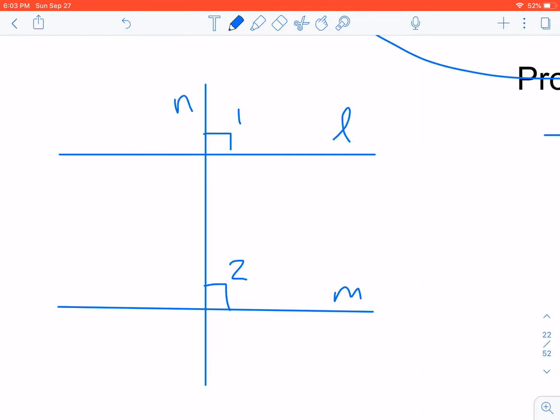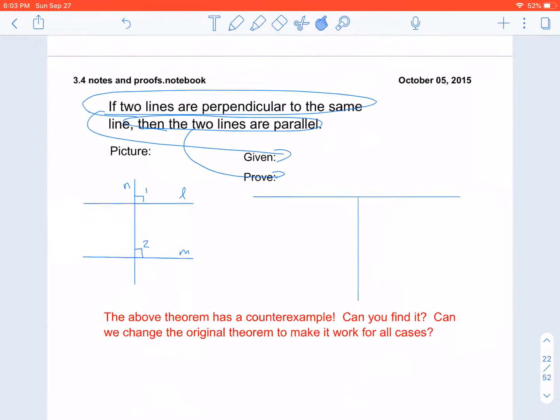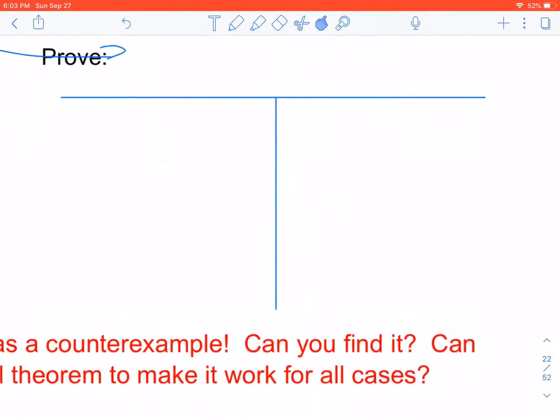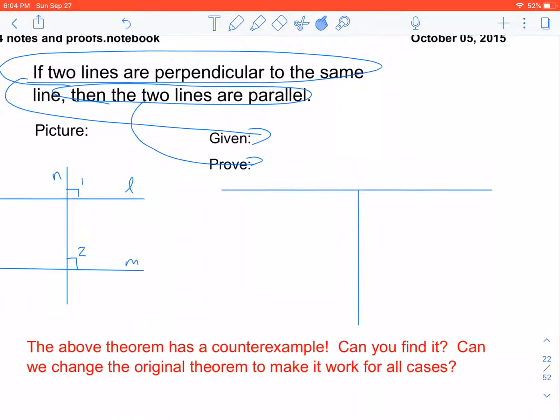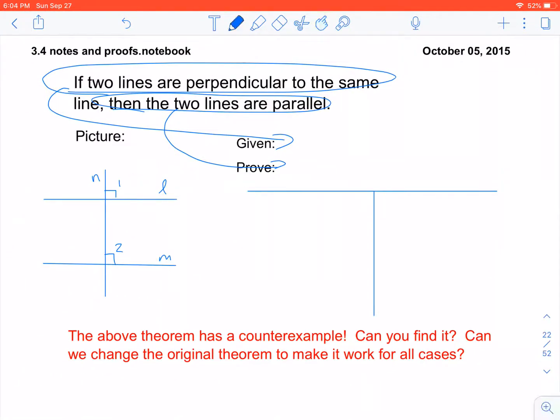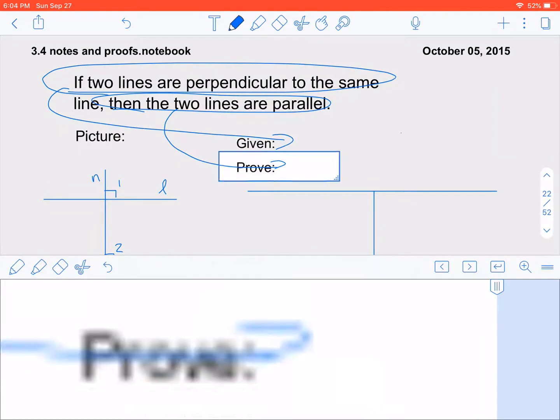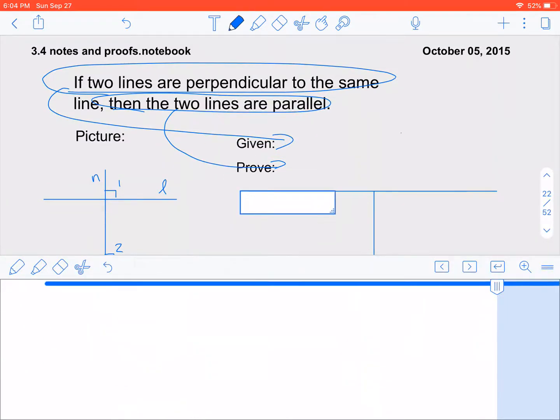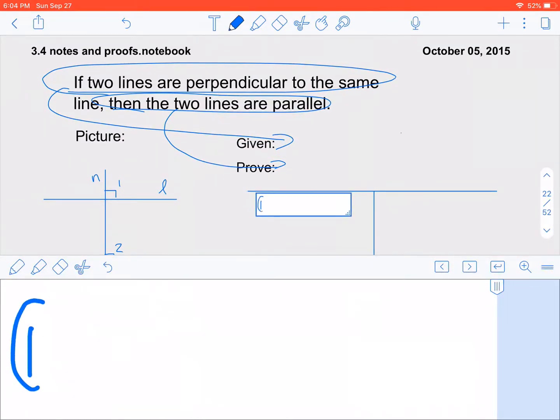And I'm going to call this line N. All right. So, first step, always is my given. So I'm just going to say picture.